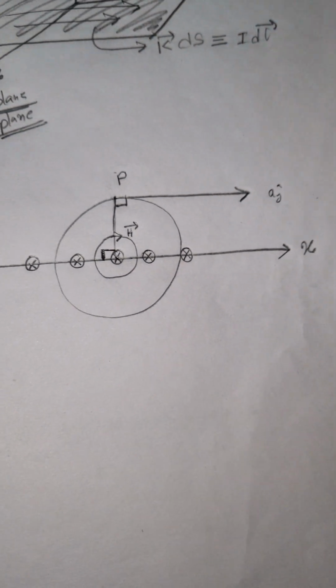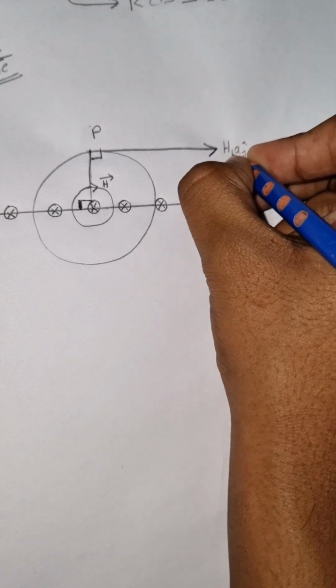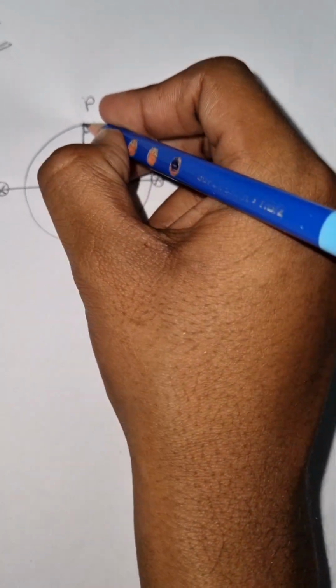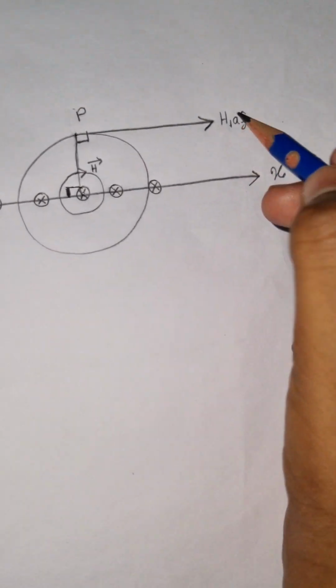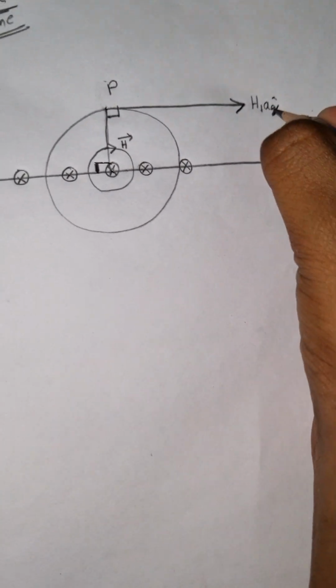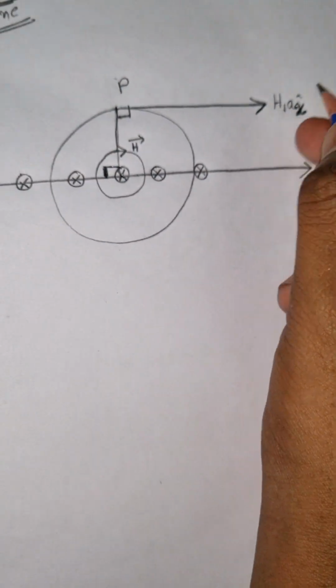So it will only have a y cap component, and let's say the value is h1. So the value of H at point P for this component will be h1 a y cap. Sorry, I made a mistake. This is a x cap, because this is the x direction. This is not a y cap, this is a x cap. Okay, so this will be h1 a x cap.